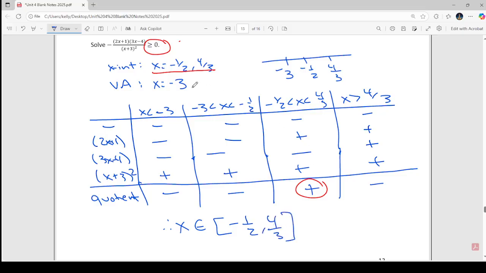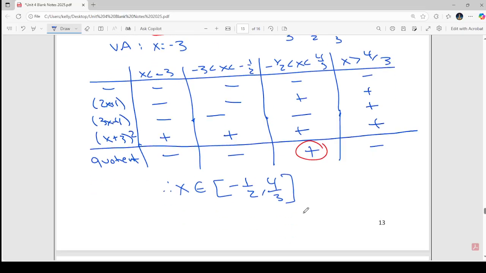Great, and that's all we worry about, because at -3 it doesn't exist, so that's not part of the solution. So we've got both zeros for it to be equal to, and between those zeros, that is when the function's positive.